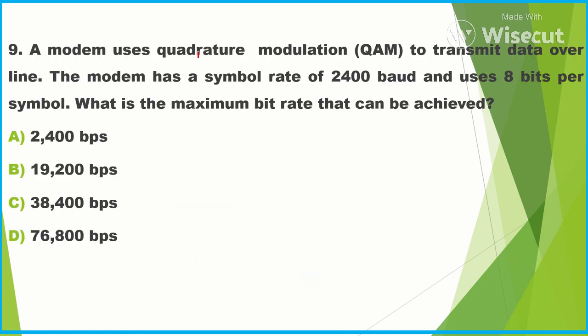Next question, a modem uses quadrature modulation to transmit data over a line. The modem has a symbol rate of 2400 baud and uses 8 bits per symbol. What is the maximum bit rate that can be achieved? So here maximum bit rate is equal to baud rate into bits per symbol. This is an important equation.